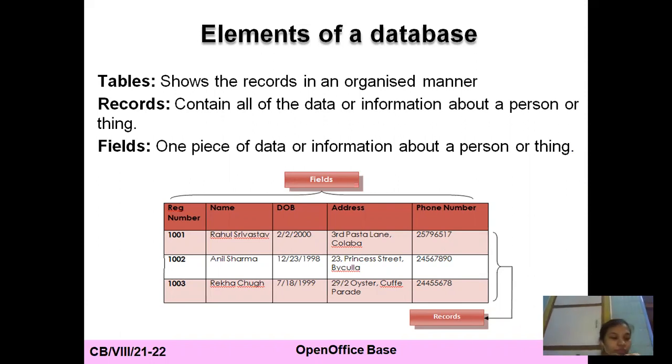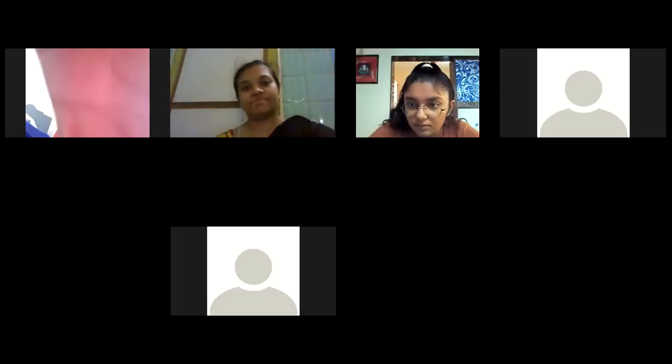Now, today we are going to learn how to create a database, how to create tables in OpenOffice Base. Okay. Firstly, I am going to open OpenOffice Base. I already downloaded OpenOffice.